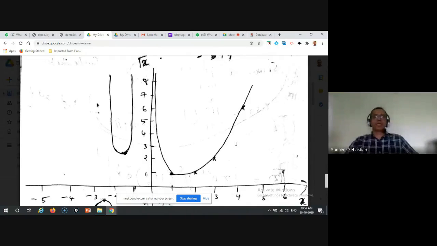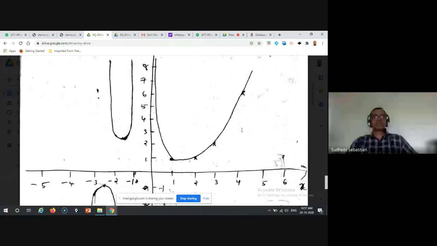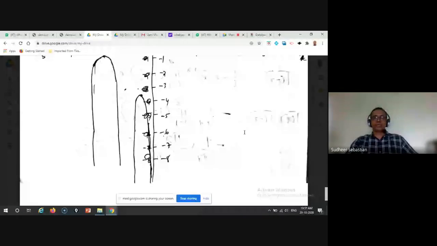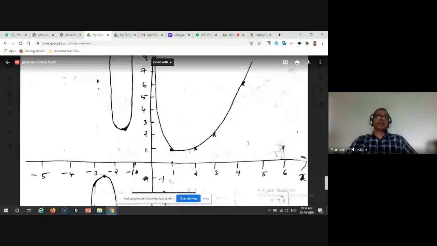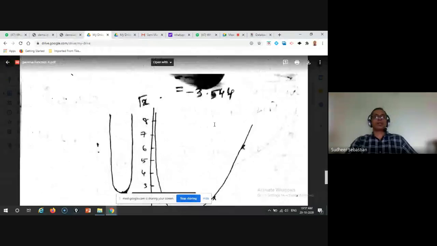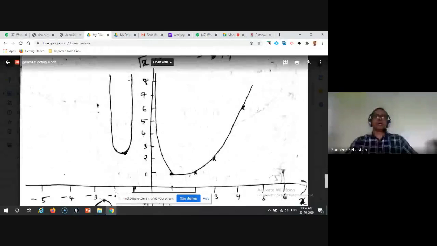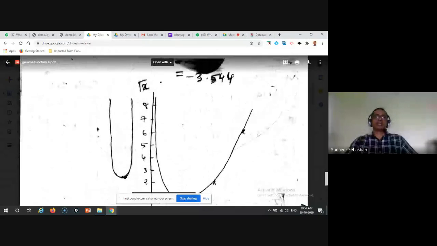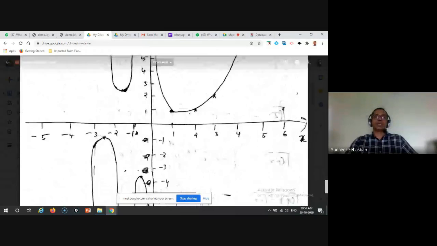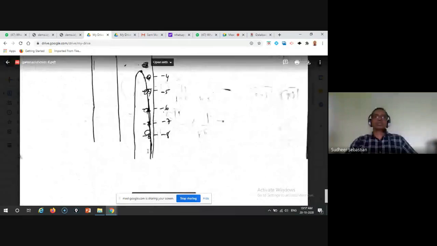For negative values, it will be something like this. You can refer to the textbook, I think it is available online. This is how gamma x is varying for negative values. In between 0 and minus 1, it is varying like this.